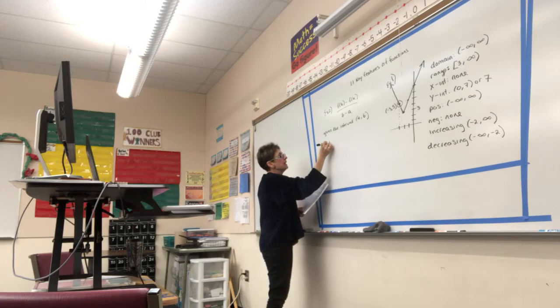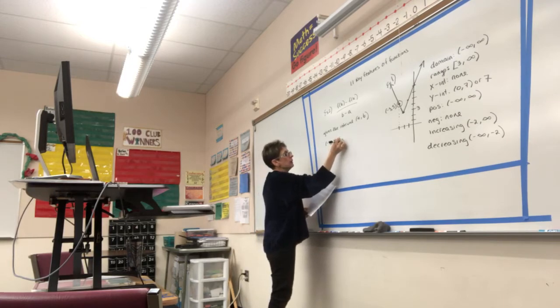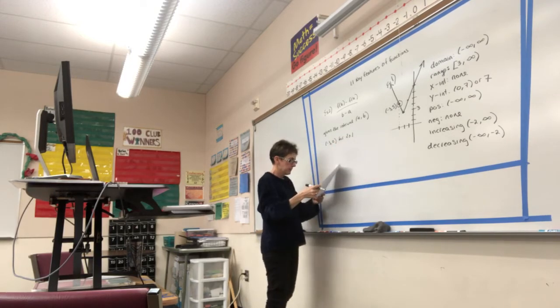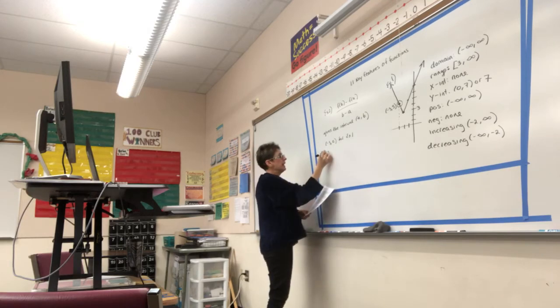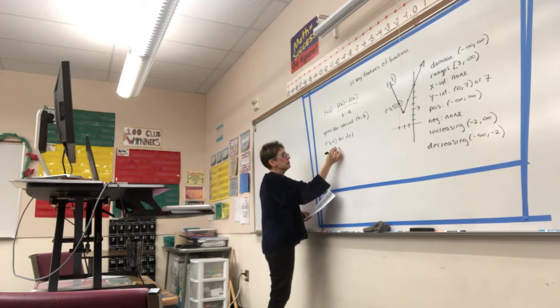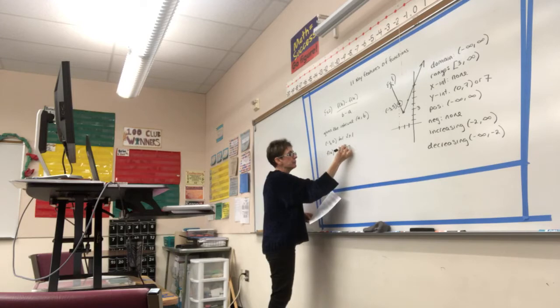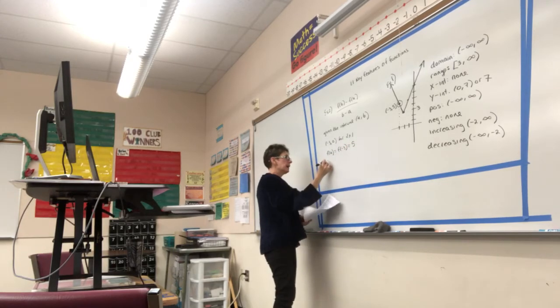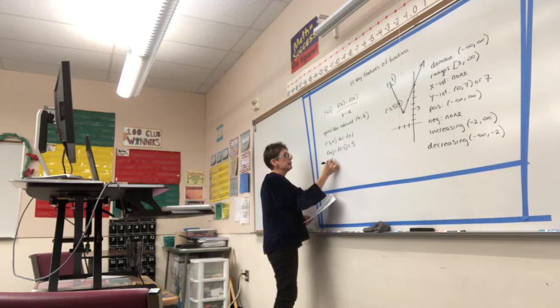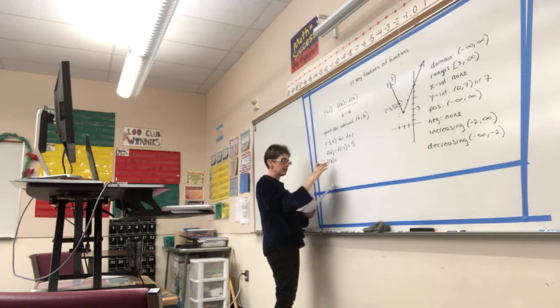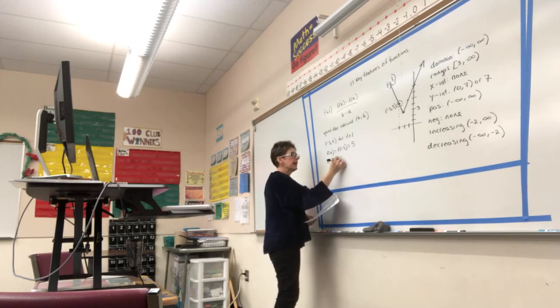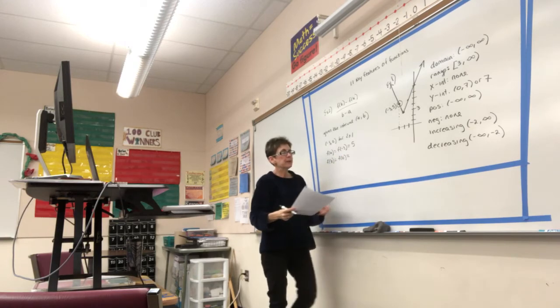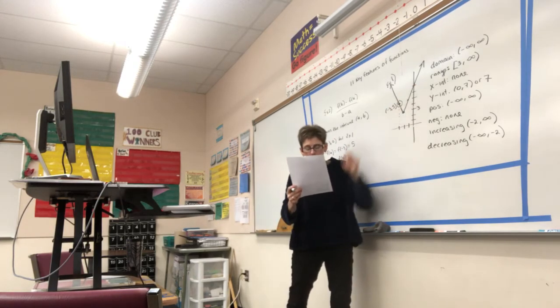So from -3 to 0, for example 1, we would take f of a, which would be f of -3, and we would get 5. And f of b, in other words, what value is that function at b, would be f of 0. And we know the function's value at 0 is 7.